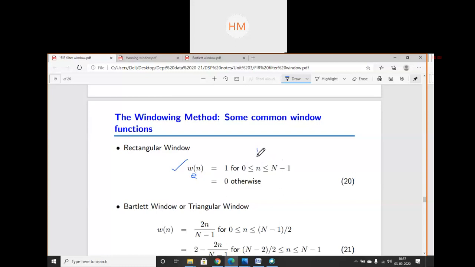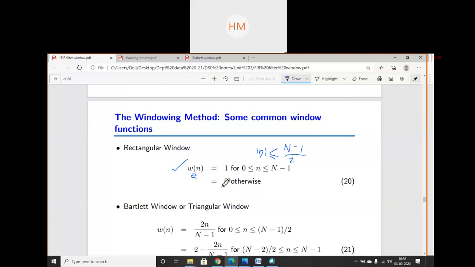Or in magnitude form, you can write magnitude of n less than or equal to (N minus 1) upon 2, otherwise it's 0. Clear, students?